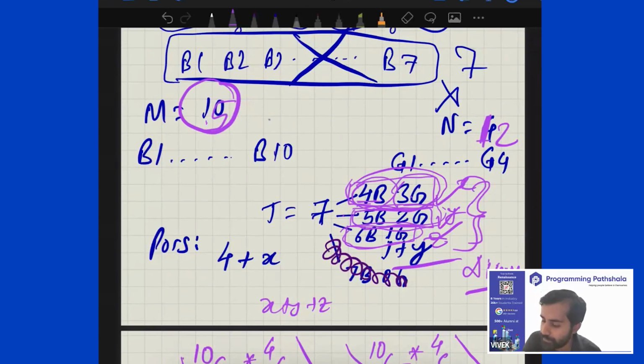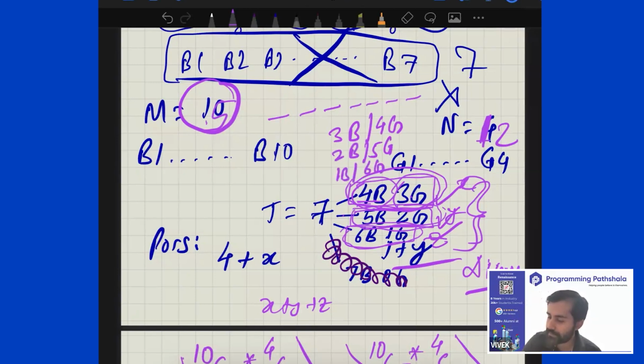You want to make a team of 7 people, 1, 2, 3, 4, 5, 6, 7, right? So what are the impossible categories? The first impossible category is where you have fewer than 4 boys. So either you have 3 boys and the remaining girls, so 4 girls, right? The second impossible category is where you have 2 boys and 5 girls. 1 boy, 6 girls.